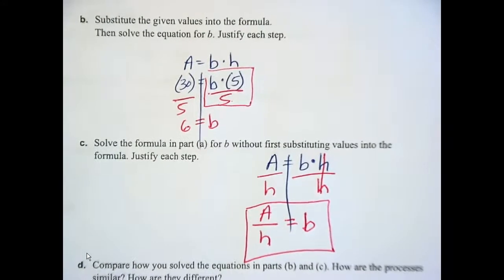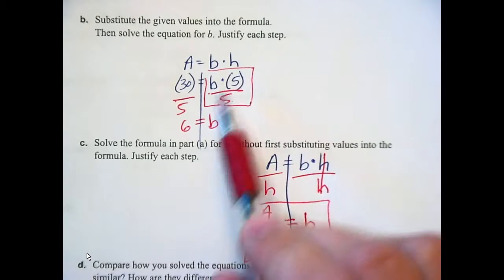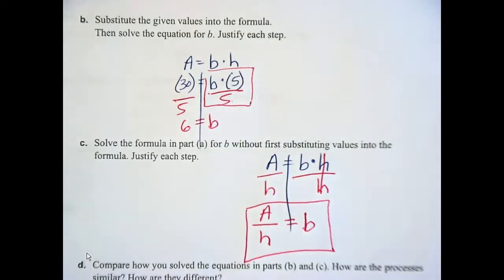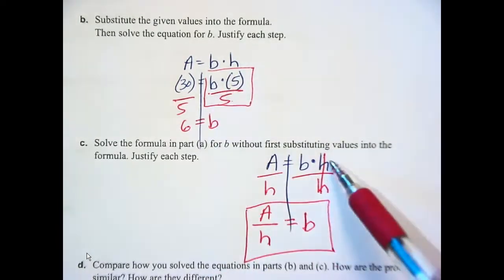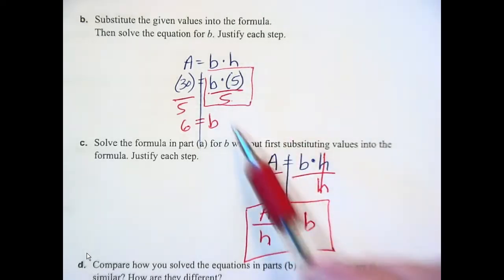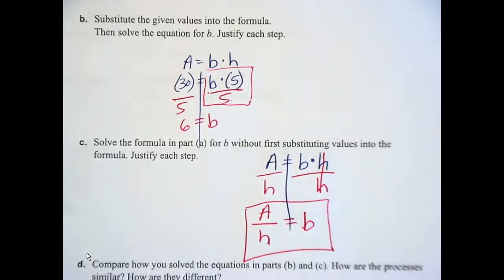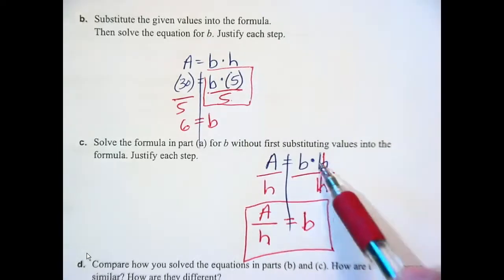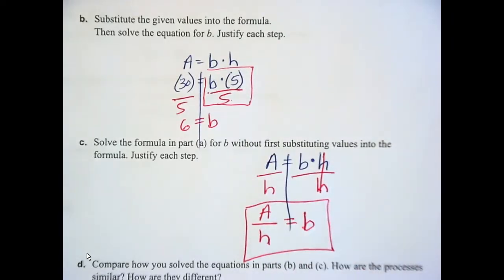Okay? So even if you don't have numbers in, you treat it as if you did have a number there. What would you do with a number? Well, we'd divide. So without a number, we divide. Okay, if we just have a letter there, we can still treat it the same. It looks a little different though. Okay?